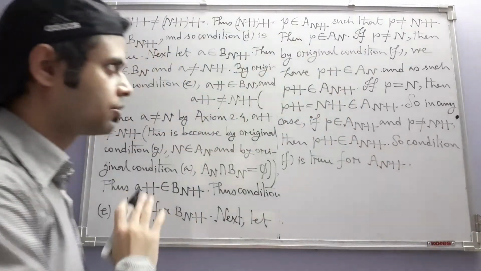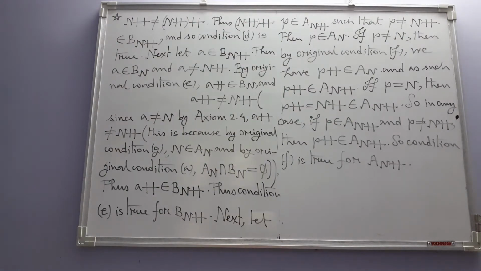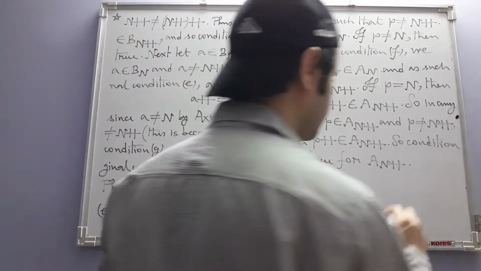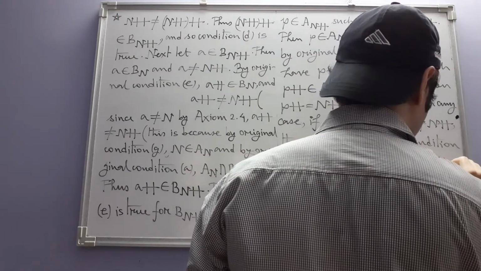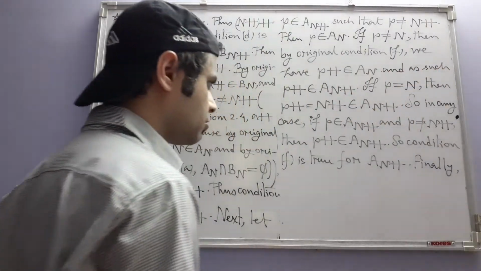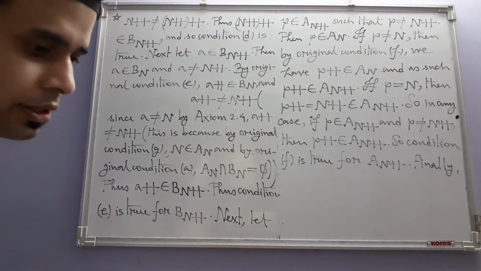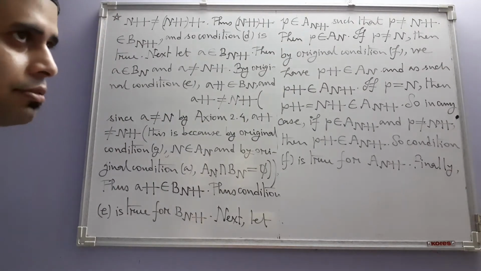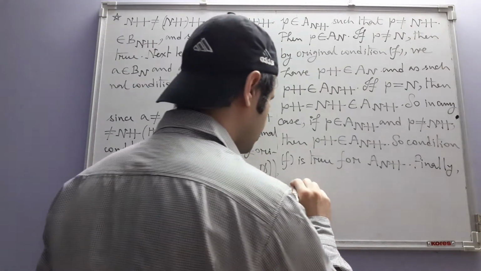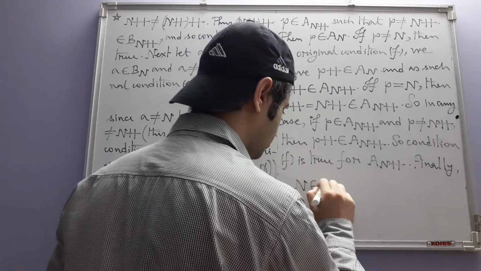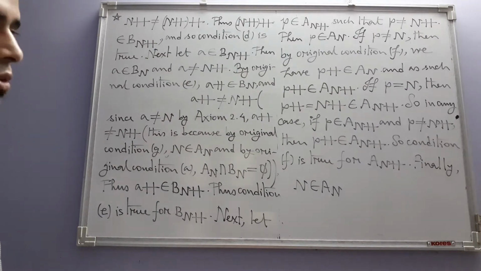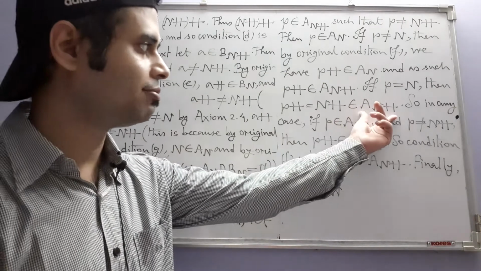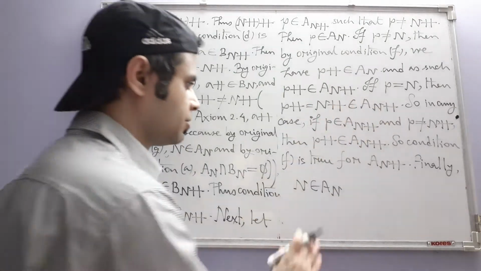So only one more condition is there to check, and that is G. Finally, in condition G, what we had, n belongs to A_n. So here we have to prove n plus plus belongs to A_n plus plus, which is true.